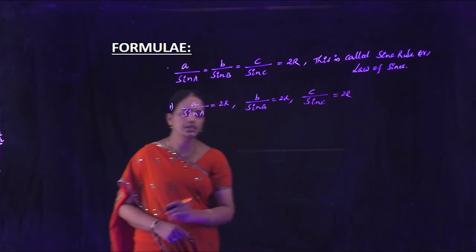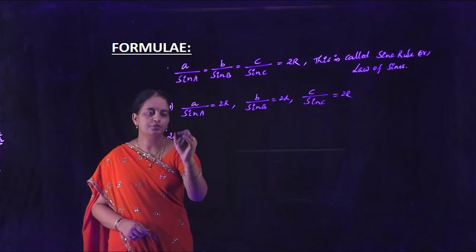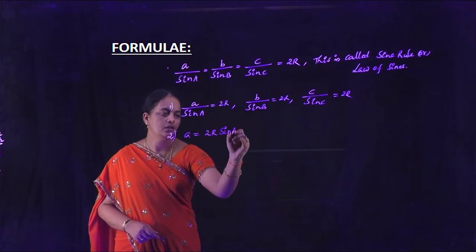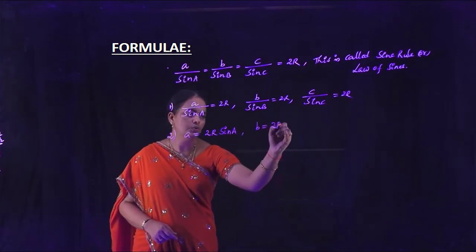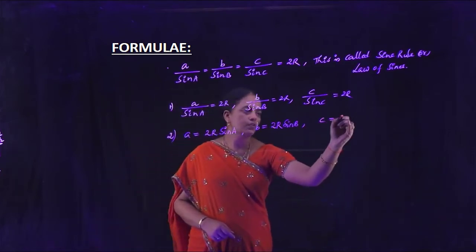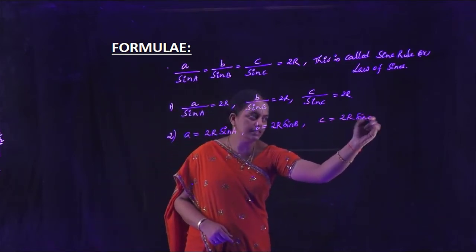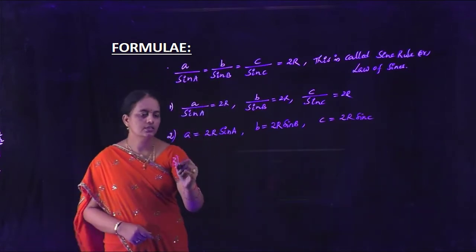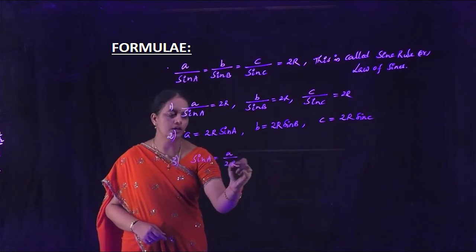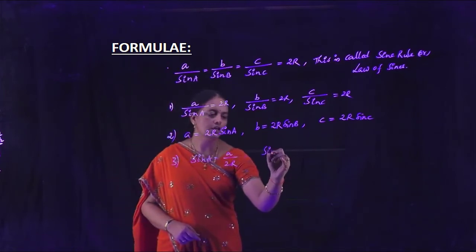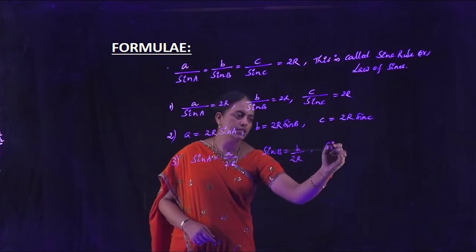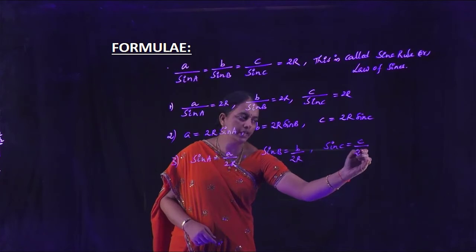The second form is a equal to 2r sin A, b equal to 2r sin B, similarly c is equal to 2r sin C. And the third case is sin A is equal to a by 2r, sin B is equal to b by 2r, and sin C is equal to c by 2r.